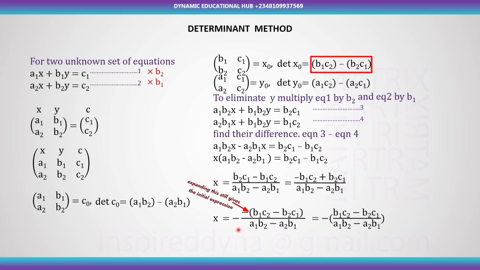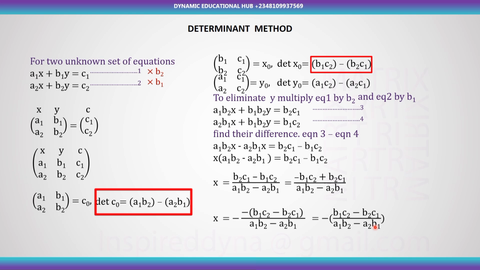Forget the denominator. If you look at the denominator, you find out that it is already the determinant of c naught. Look at it and look at it here. Bringing out your minus like this, so we have b1 c2 minus b2 c1 over a1 b2 minus a2 b1, and this is Cramer's Rule.